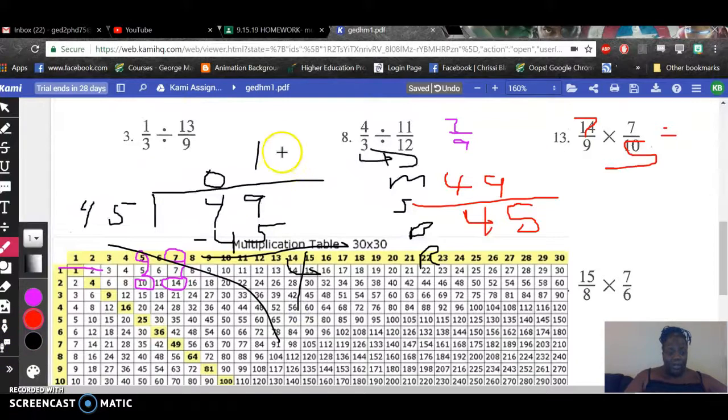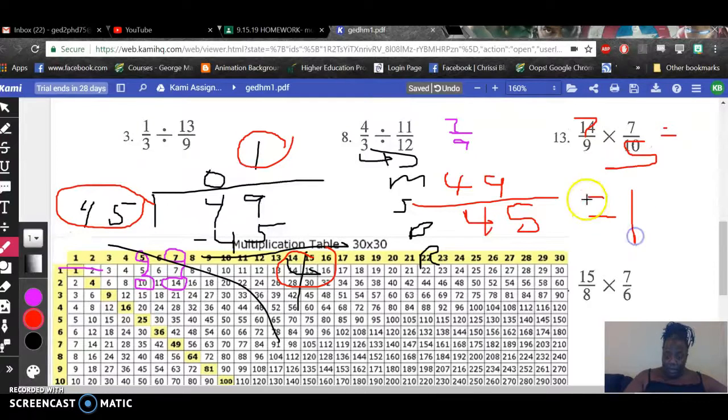It is these parts that make our mixed number for our final answer. So the whole number on top becomes your whole number in the mixed answer, and the remainder becomes the numerator. So that will be here.